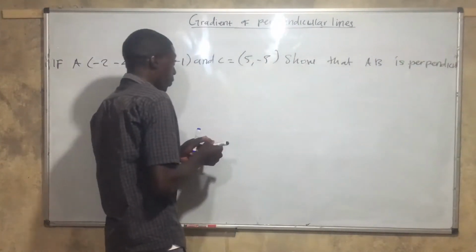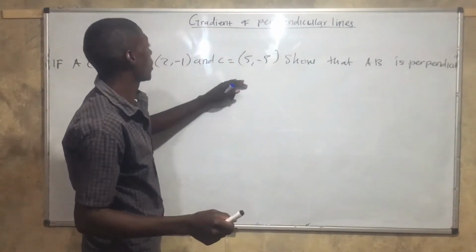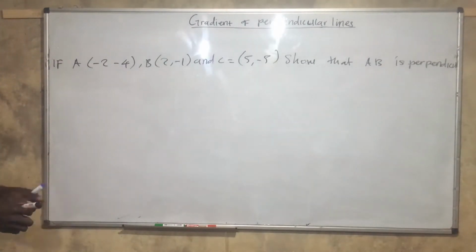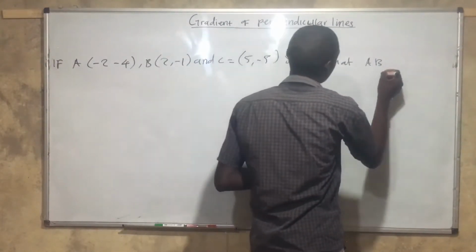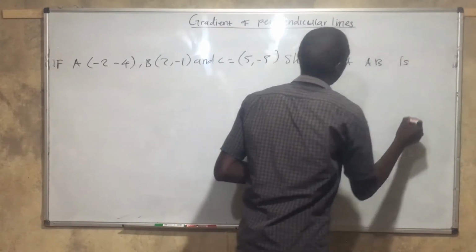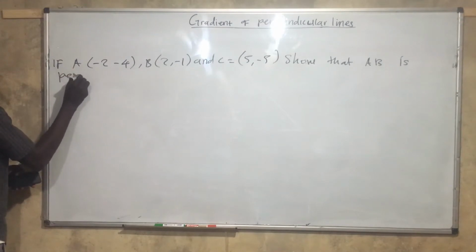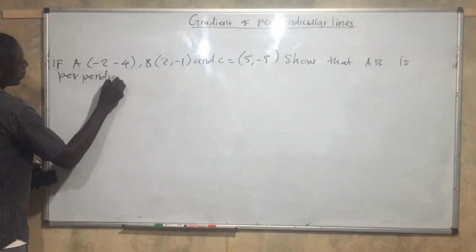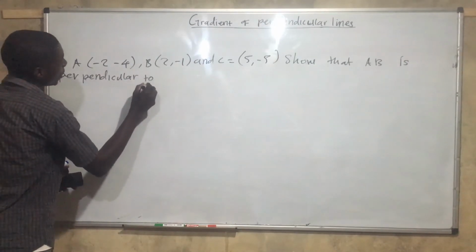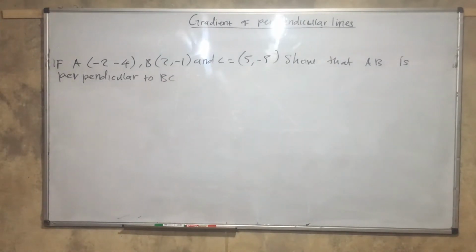How can we show that? We are told to show that AB is perpendicular to BC, just in a single line.